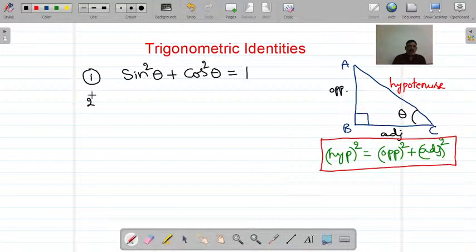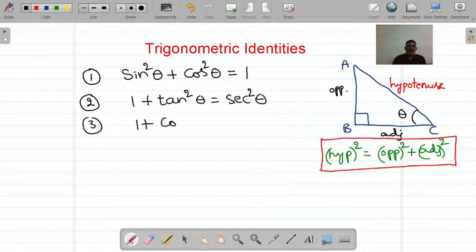And second identity is 1 plus tan square theta equal to secant square theta. Third one is 1 plus cot square theta is cosec square theta. These are the identities, correct? Of course, all of us are very much familiar with these three identities.